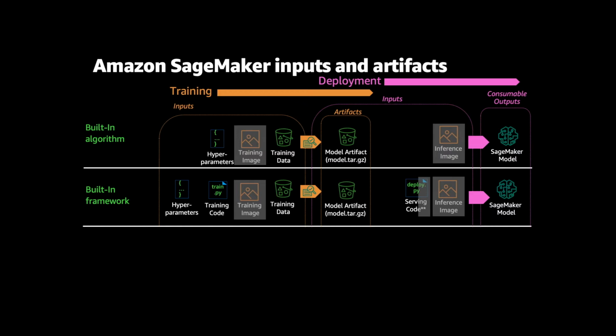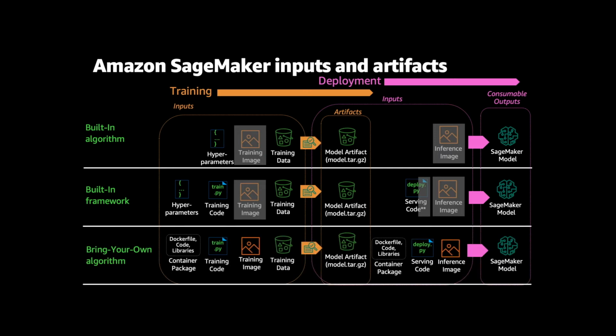When it comes to building framework, it is slightly different because I still use the training image and the inference image provided out of the box within the ECR, but we need to provide the training code. And also remember, as we spoke about last week, there are times where you need to work with bringing your own algorithm, right?